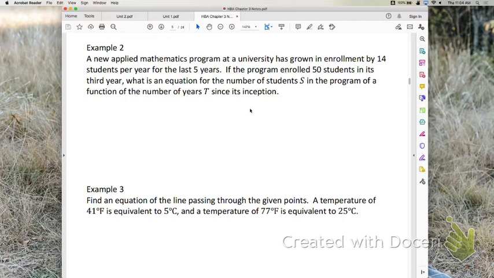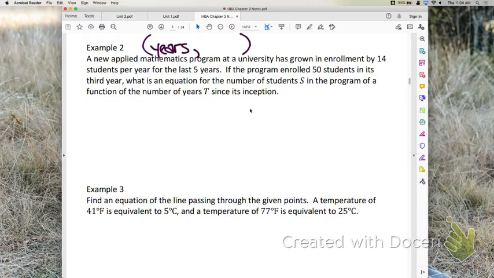All right, so lots of words, lots of things to interpret. First thing I want you to do on every single one of these, set up what your x and y represent. So what are the 2 things we're talking about in this problem? Students and years. Which one should go where? Years is my x.